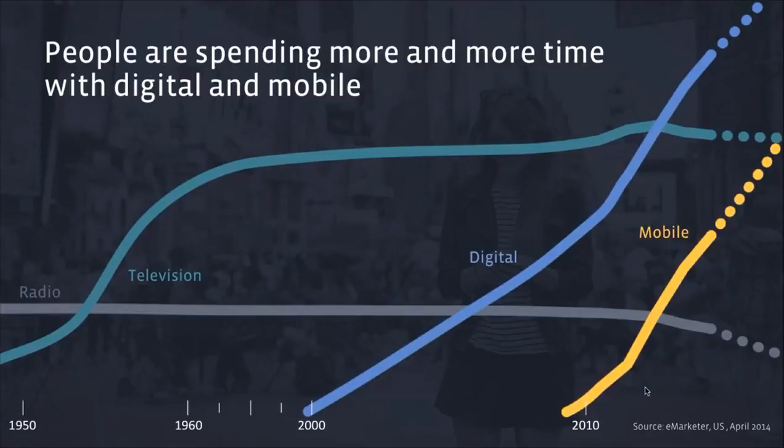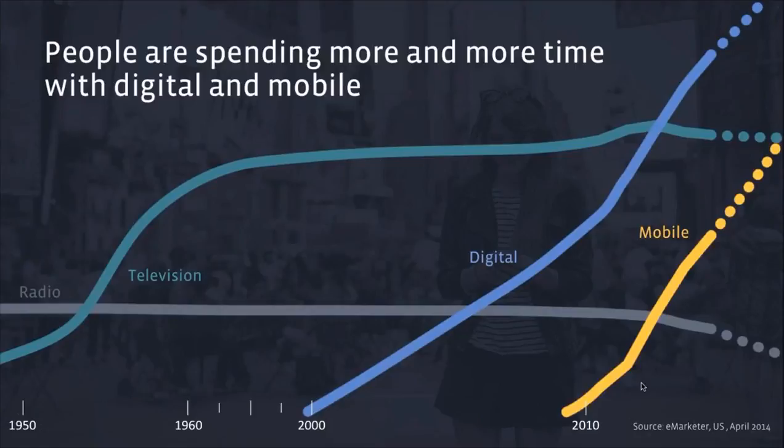And then television came and just took over as the dominant source of entertainment and news. And then sometime around the 2000s, I guess in the last 10 years, digital really came out of nowhere. And if you look at the slope of that line, it's very, very steep. So it has, in just recent years, surpassed television as the main source of entertainment and news.